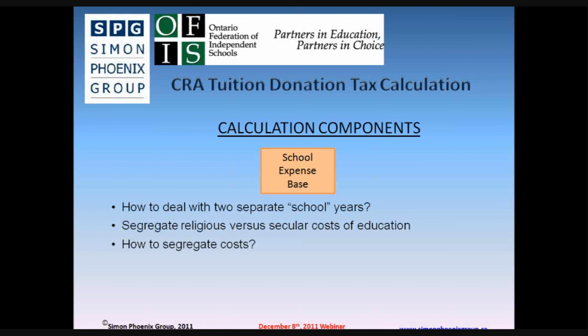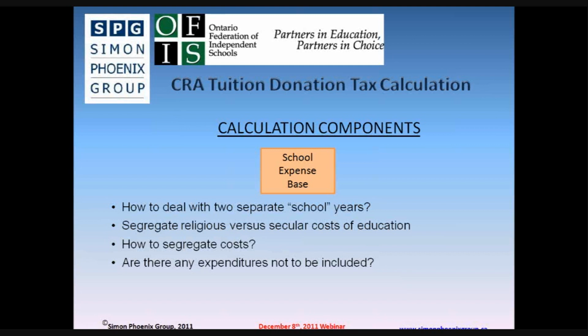That's probably a reasonably good assumption. However, in order to meet CRA's litmus test, and in order to be seen by them to be operating within the guidelines of IC 7523, it is important to segregate your costs as much as possible.